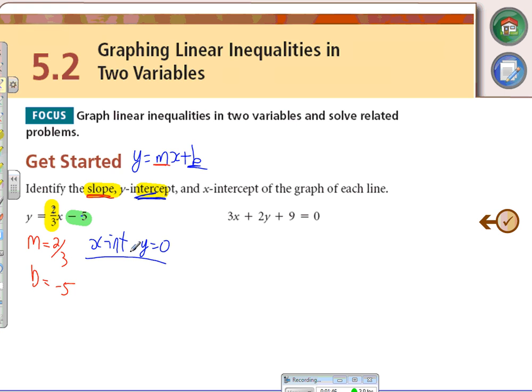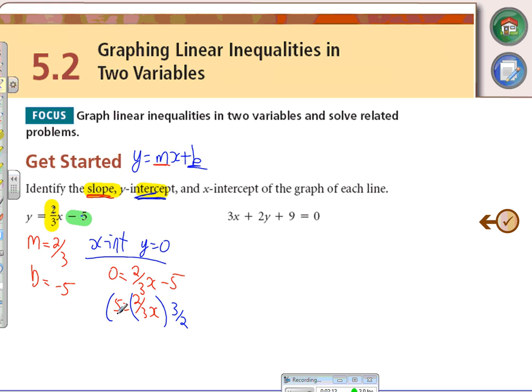So to find your x-intercept, take it and place the 0 in the y. It's the same thing as finding your zeros that we've already done this year. And then add the 5 over. That equals 2/3 x. And dividing by 2/3 is the same thing as multiplying by 3/2, so that's what we're going to do to both sides.